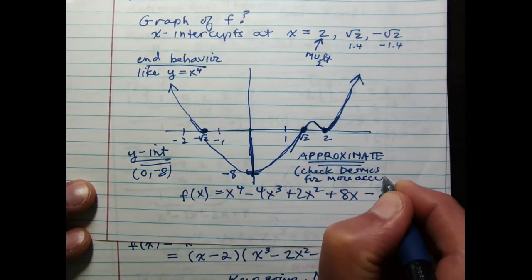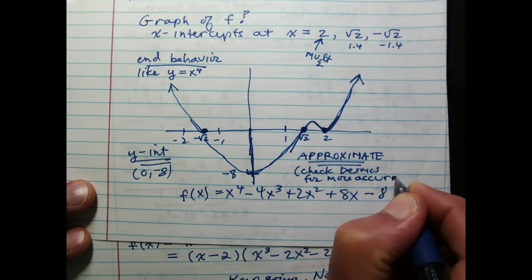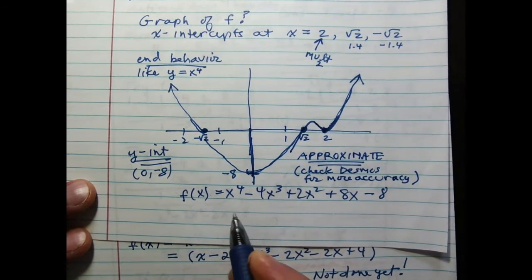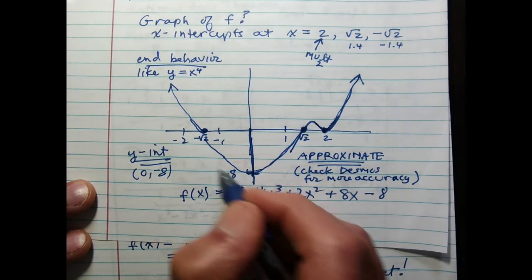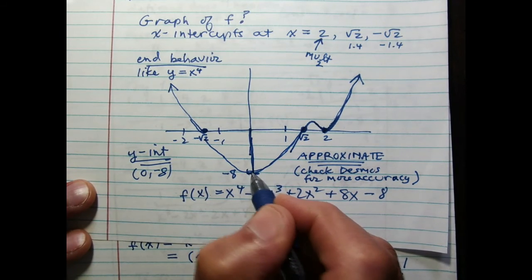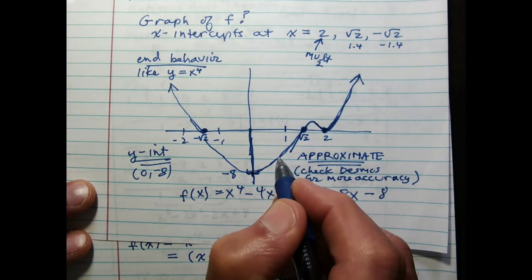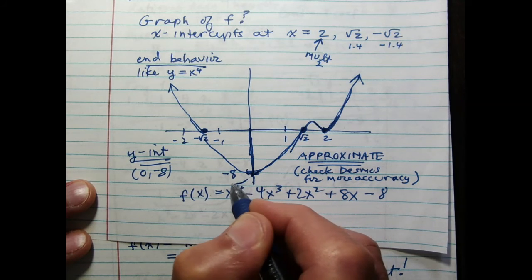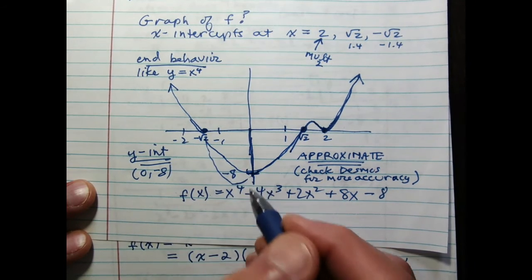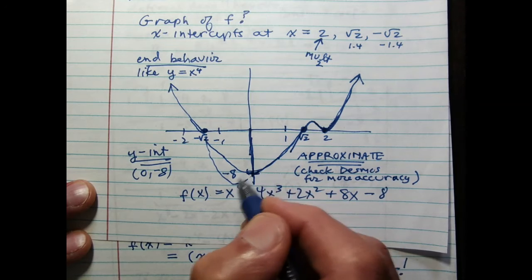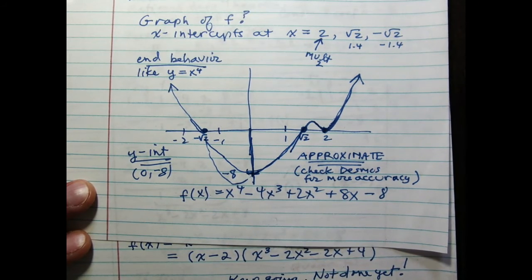You're going to see the picture's a little bit different. We're not going to talk about it right now, but I don't really know where this graph turns around. There's no reason to think it turns around at negative 8. I think actually the graph dips down and turns around a little further over because we have no way of detecting that here. We'd have to plot a lot more points to figure that out.